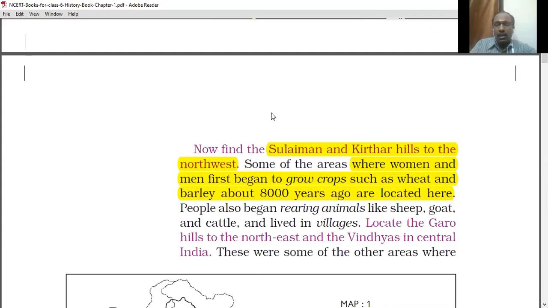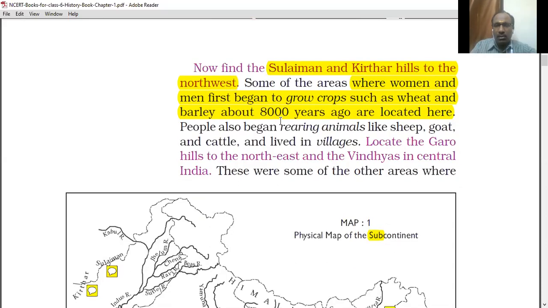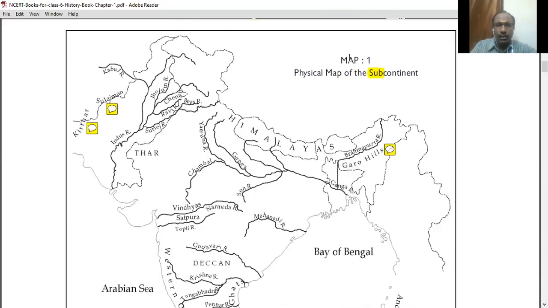A very important thing: the Sulaiman and Kirthar hills to the northwest. You are able to see this in the map. In the northwest, in the west part of North India, you can see Kirthar and Sulaiman. These two areas, and also here is Garo Hill.